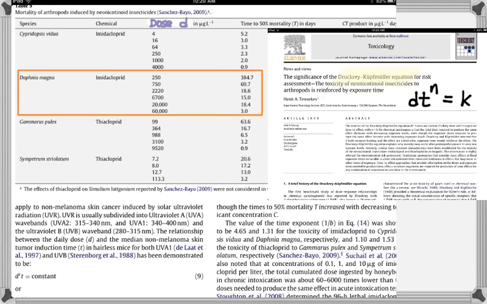Those are those little transparent water fleas that I think they might still use in some high school bio experiments from time to time. They exposed those fleas to imidacloprid in varying dosages and figured out how long it took for that toxic substance to have an effect. And the effect that they decided to define was how long it took half of the fleas that were exposed to that substance to perish.